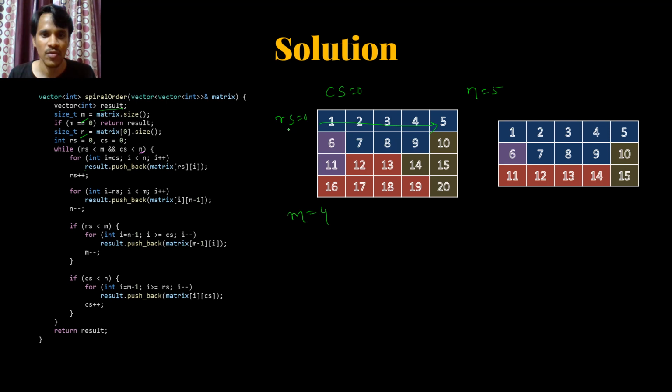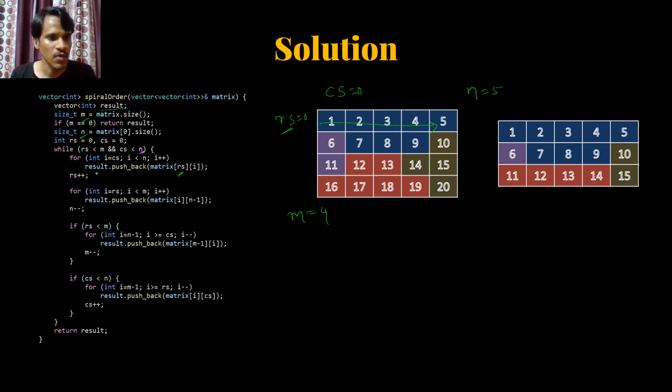So we have to start from the row start. This is constant here, and we have to print all the columns, okay, till the last column, and the last column will keep changing when we minimize the problem to a smaller sub problem, right?